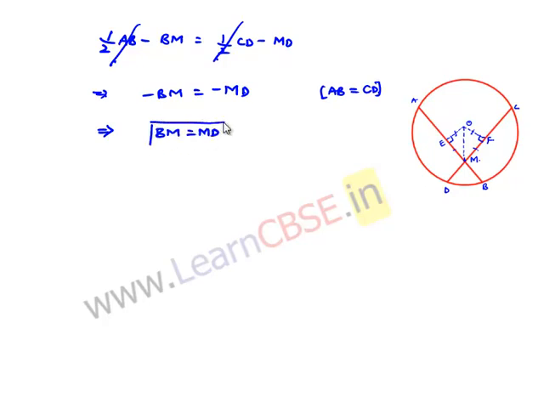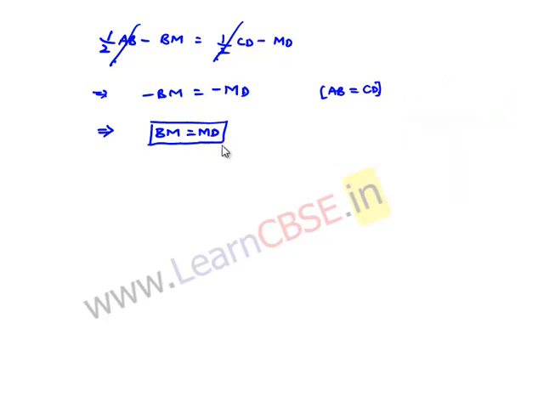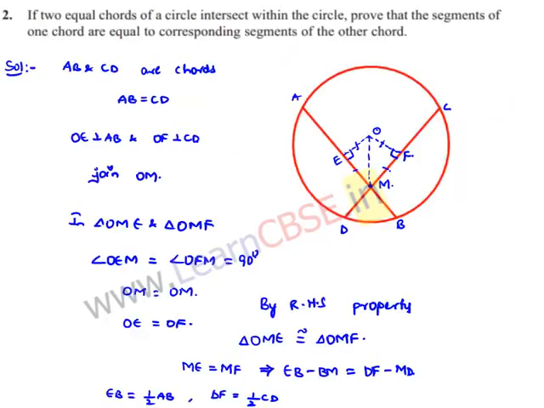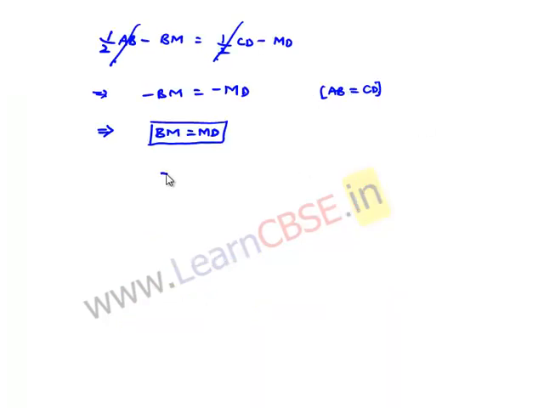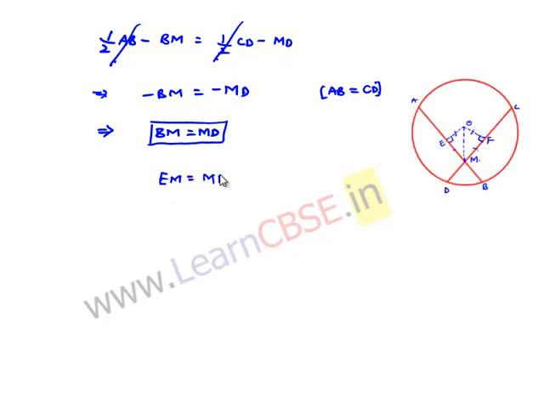This is the first thing, that the segments from the intersection point are equal. Next, we need to prove that the other segments are equal, that is AM is equal to CM. In order to do this, let us consider that EM is equal to MF.